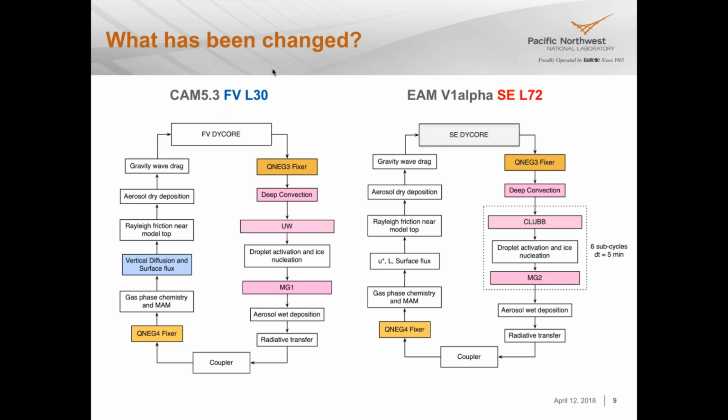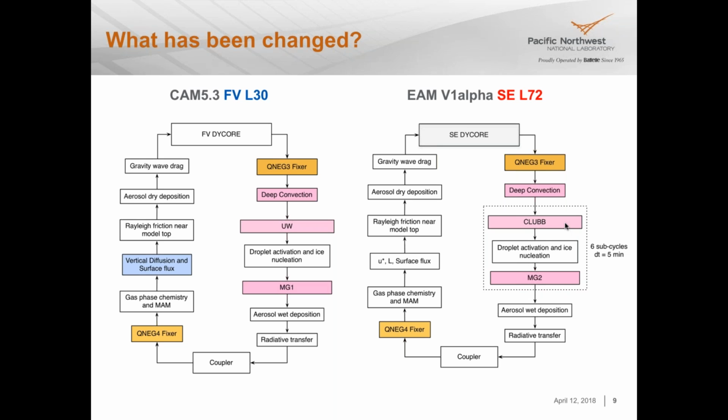Also, the L30 model has been changed to the L72 level. And there are some physical parameterization changes in the model as well. For example, the UW turbulence and macrophysics parameterization has been changed to CLUBB. MG1 has been changed to MG2. And in the new model, there is subcycling between CLUBB and MG2 with a coupling time of 5 minutes.